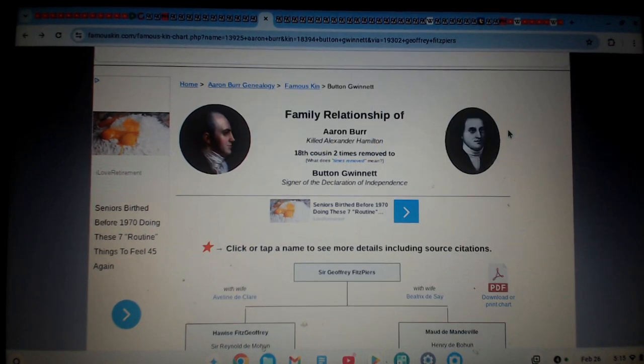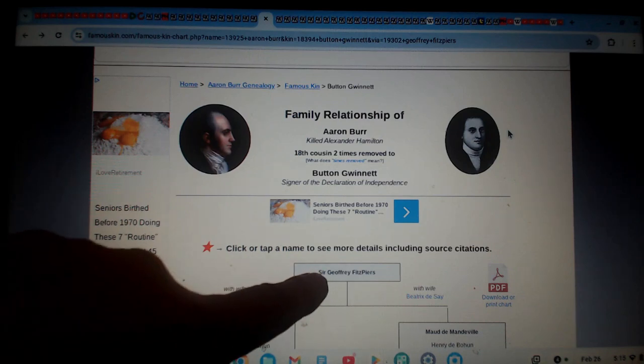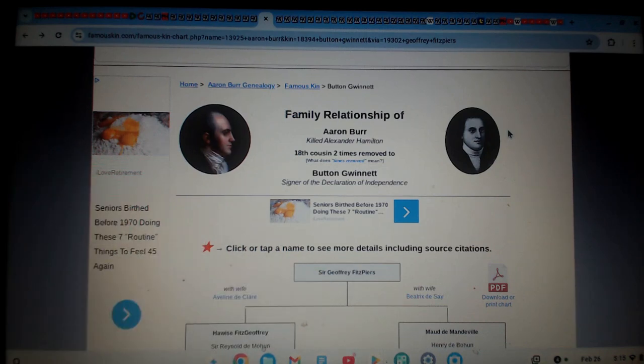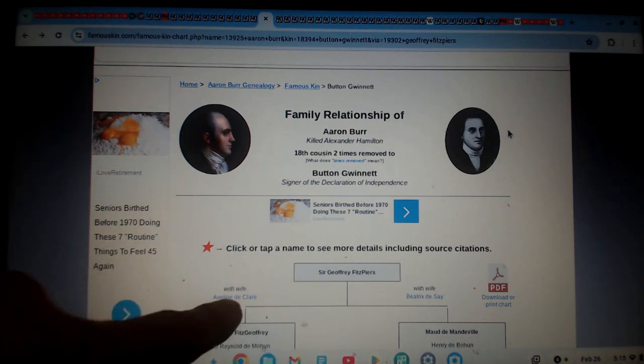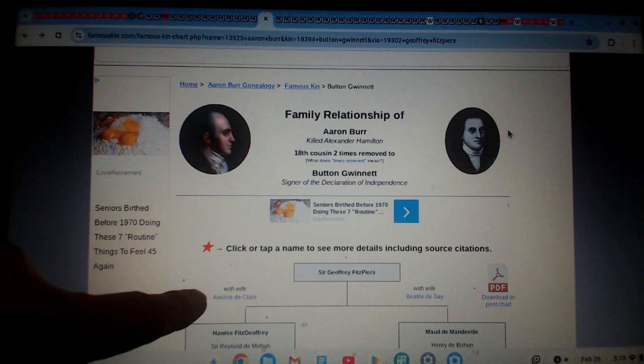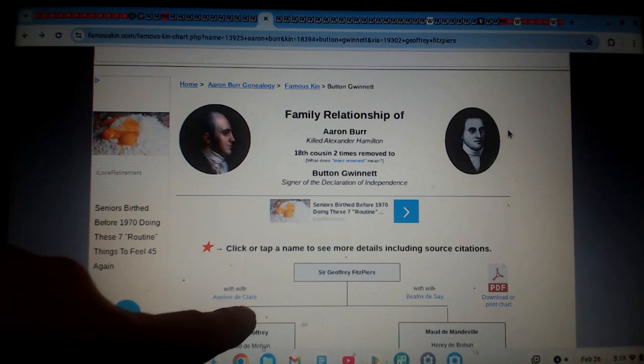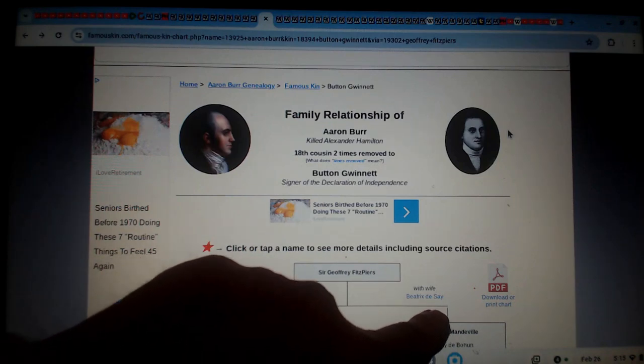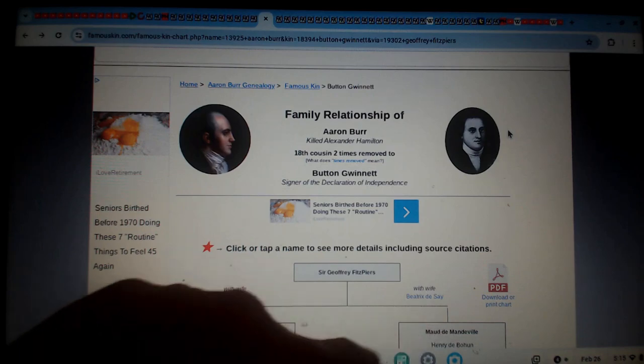How about Aaron Burr and the signer of the Declaration of Independence, Button Gwinnett. Oh, wow. Oh, well, it's a different... Okay, it's still Sir Geoffrey Fitzpiers, and it's still the same wife over here, Evelyn de Clare, but then he had another wife named Beatrix de Say.